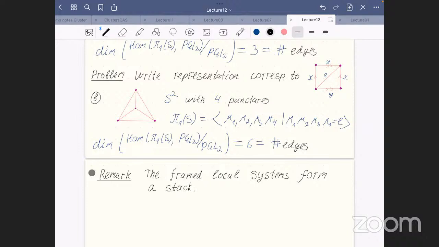In order to avoid these words, we work on an open subset where everything is in general position.